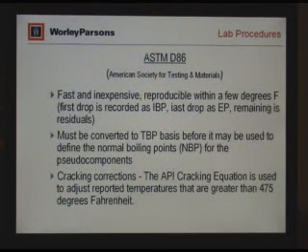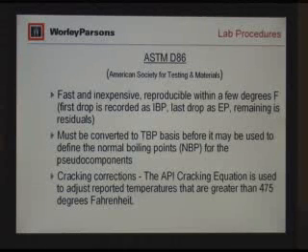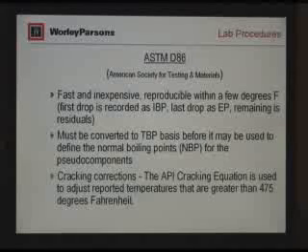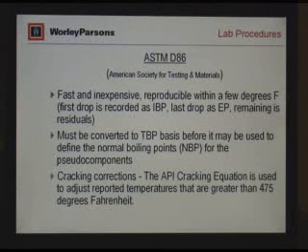There's another method called the ASTM D86, and basically there is a society, American Society of Testing and Materials. They have very precise procedures for the labs to follow in order to run these tests. And this is fast and inexpensive, and you can reproduce it usually within a few degrees. And as I mentioned, the first drop is recorded as the initial boiling point, so the first drop that's condensed.